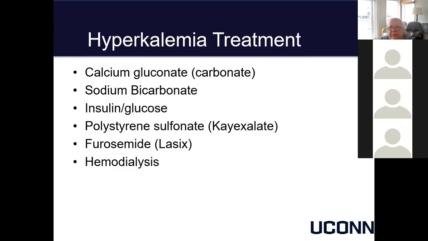But most of these folks don't need the insulin, and you risk hypoglycemia by giving them insulin. So you give them extra glucose. The insulin does its job driving the potassium into the cells, and then you give glucose so the patient doesn't get hypoglycemic.